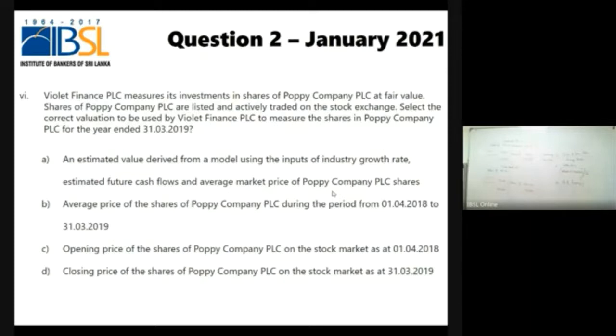So what do you mean by amortized cost? Amortized cost is capital plus the accumulated interest or accrued interest.